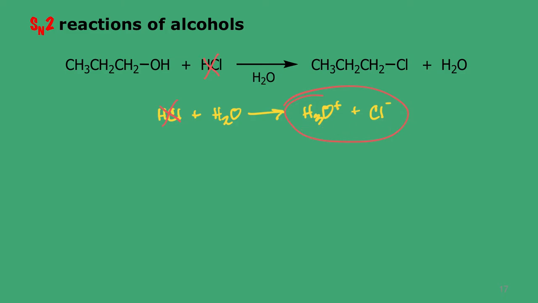All right, so now what happens in this reaction that allows for the substitution? The first thing that happens is we protonate the alcohol. As we just said, the proton donor isn't HCl, because it completely ionizes in solution. It must be H3O+. So when we write our mechanism, H3O+ is our proton donor.